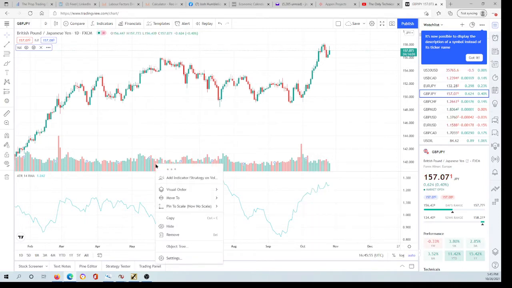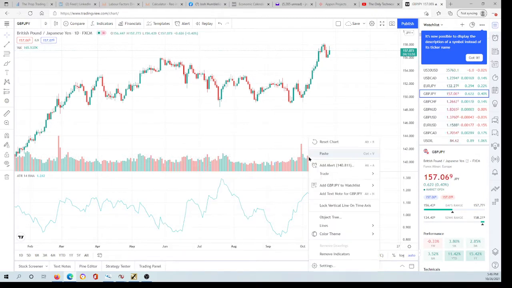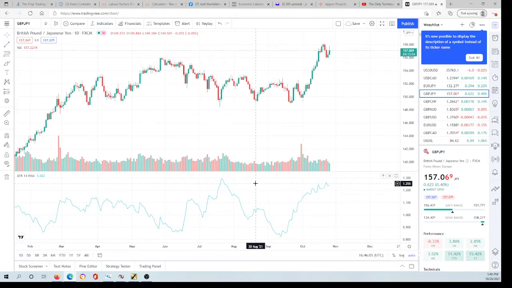TradingView is free, so if you would like to use it, kindly go there and subscribe. You can do analysis there and post on your chart, or do analysis on your chart and paste on your TradingView.